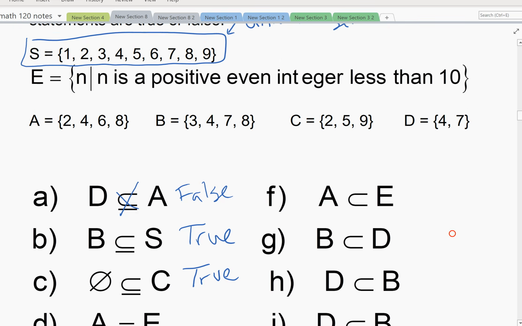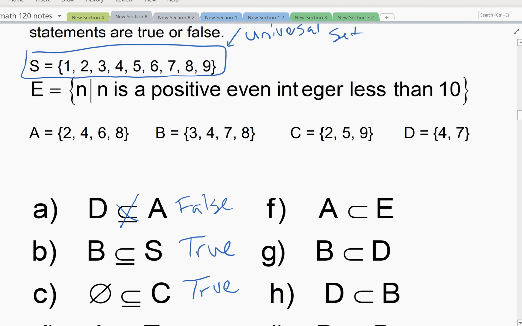And so if I go back here and I look at my set E, it's a written description instead of a list of what it represents. Here's A, the set 2, 4, 6, 8. E is the set of every n such that n is a positive even integer less than 10.